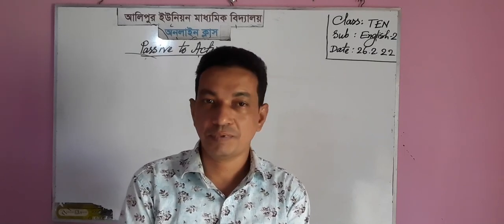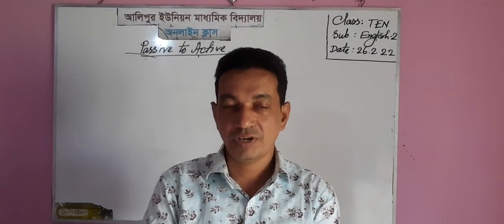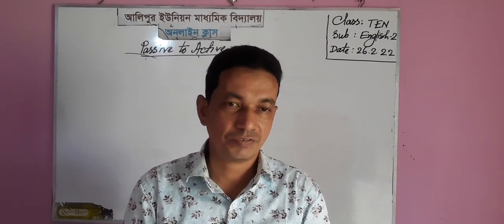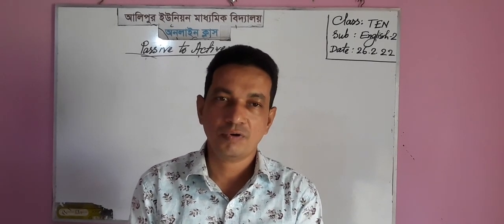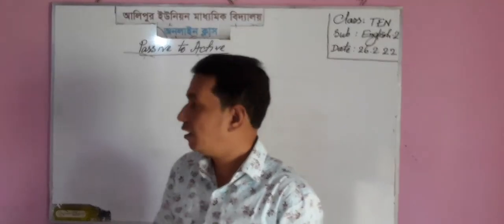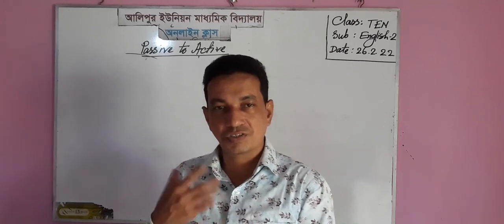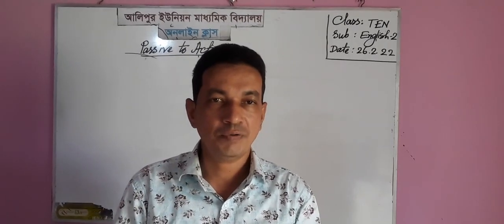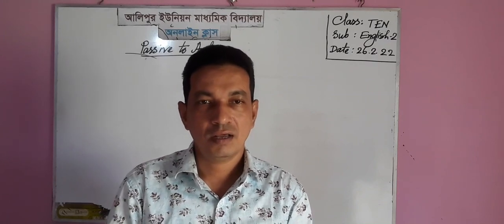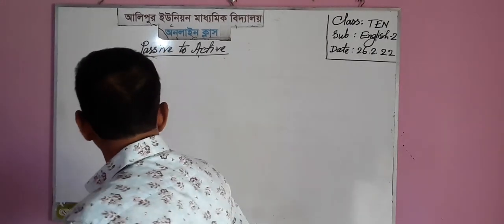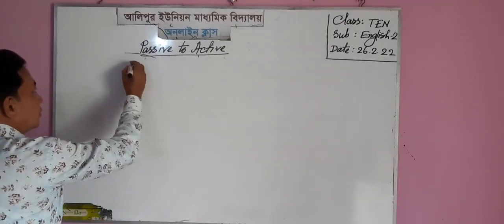Dear learner, you have to be alert to face this type of question, and that's why we have to practice a lot, staying home or staying in school. First of all, I will give an example of passive to active, and then I will explain the sentence and its changing also. Dear friends, follow me.